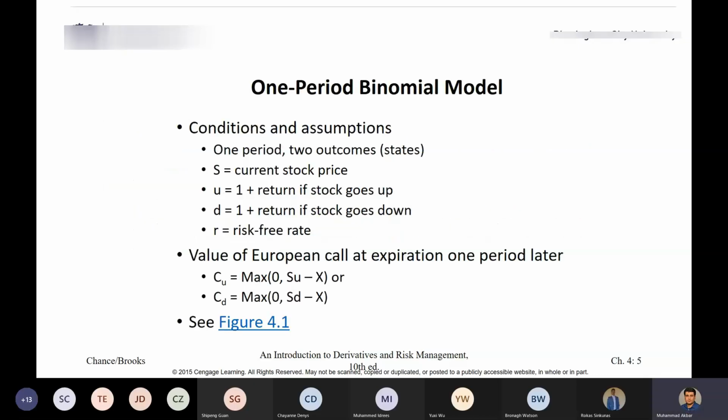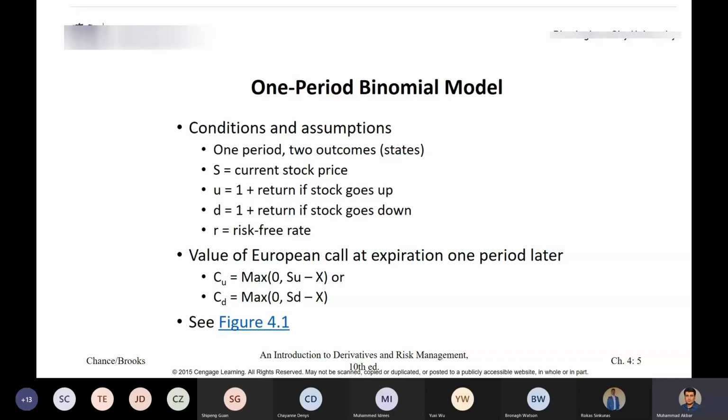Now, before we move forward, because it's a mathematical representation, we will talk about the symbols that we are going to use. We are first outlining the conditions or assumptions that we will follow when valuing the option. The first one is that we live in a one period, two state outcomes world, because we are first learning the one period model.